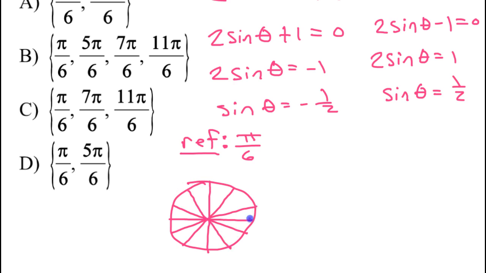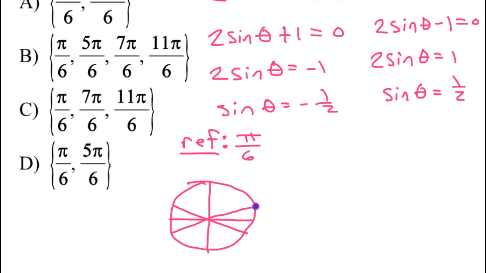Can you see that right here I have a bunch of pi over 6's? I have all the multiples of pi over 6. And these four are the four angles that have a reference angle of pi over 6. Now, that's too much to picture in your head, but we don't need these lines. This you can picture easily in your head.